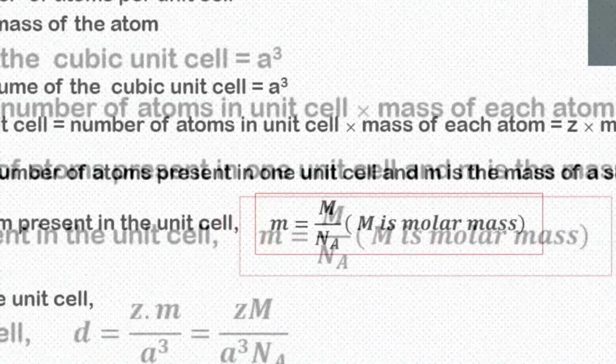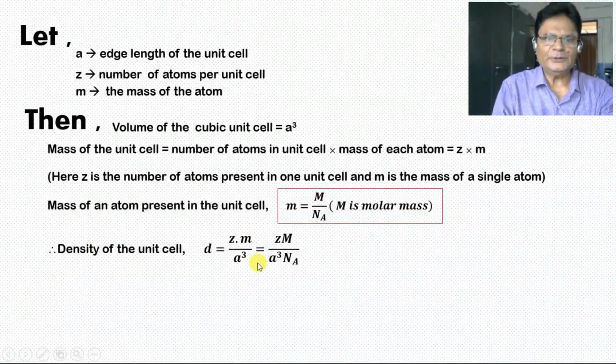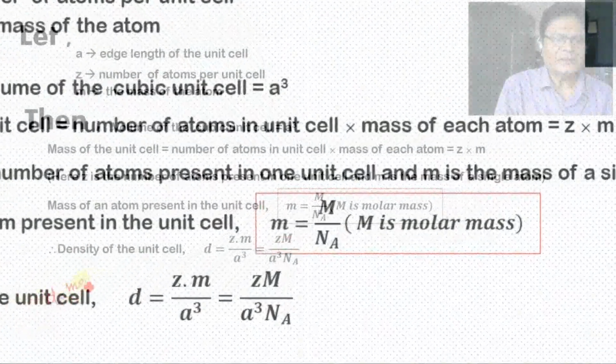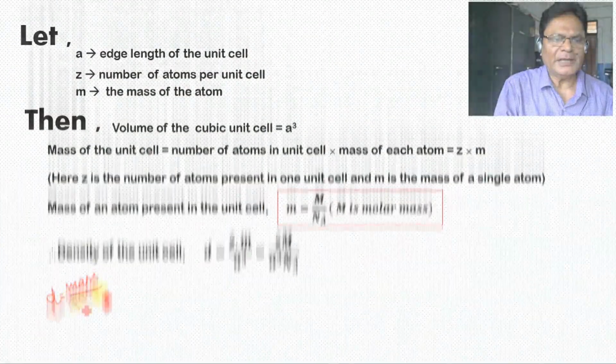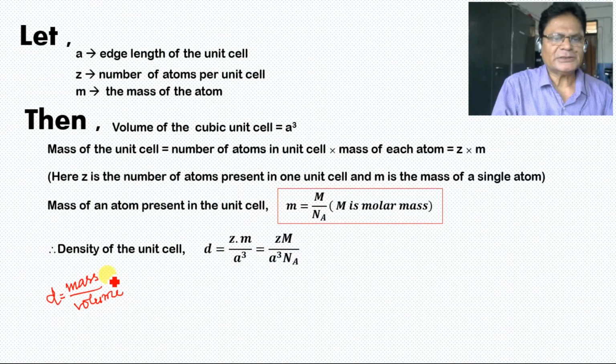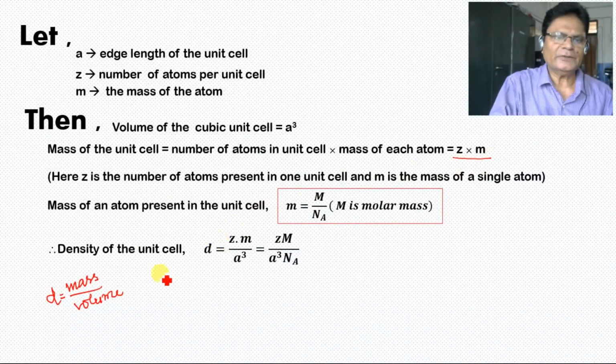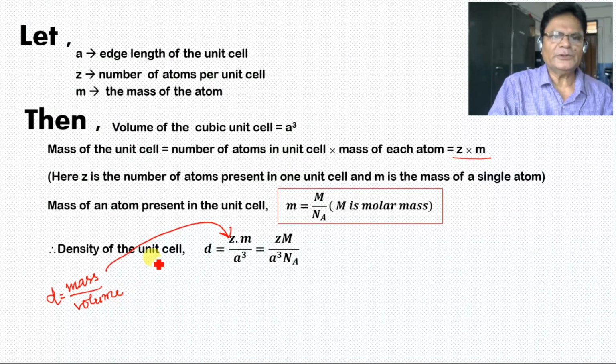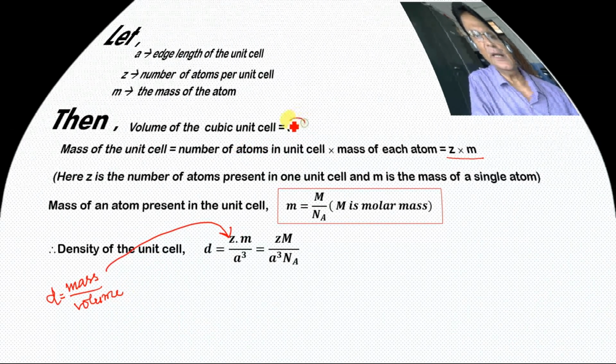Density of the unit cell can be calculated by using this formula. Density is equal to mass of the object by volume. Mass of the unit cell we know is Zm, and volume of the unit cell is a cube.